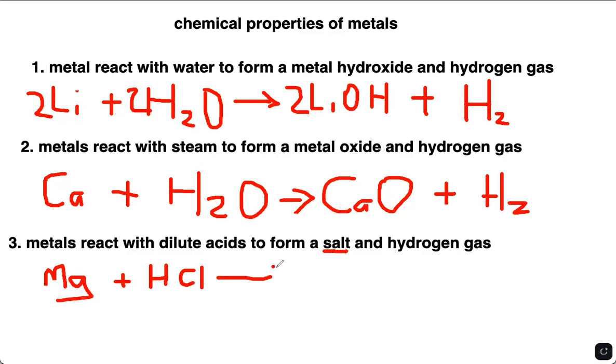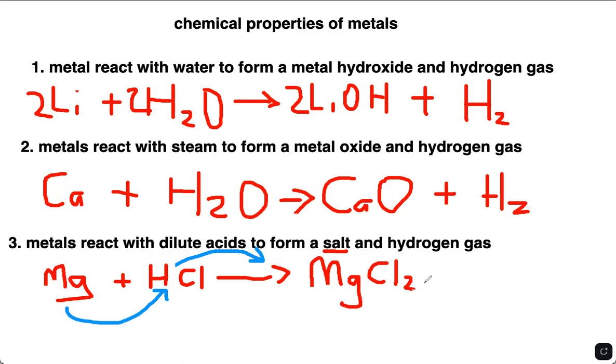So the only thing that will happen here is a single displacement where hydrogen is replaced by magnesium, and hydrogen is formed alone. What is formed is only magnesium chloride, which is a salt, a binary salt for that matter, as well as hydrogen gas. So here there is no oxygen to be combined with hydrogen so that water can be formed.